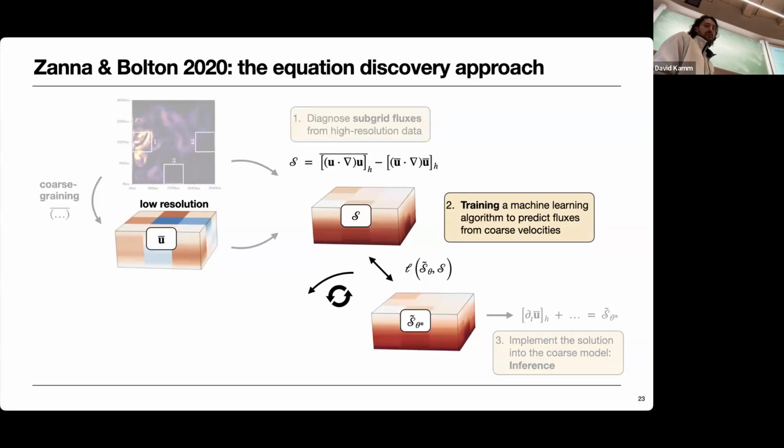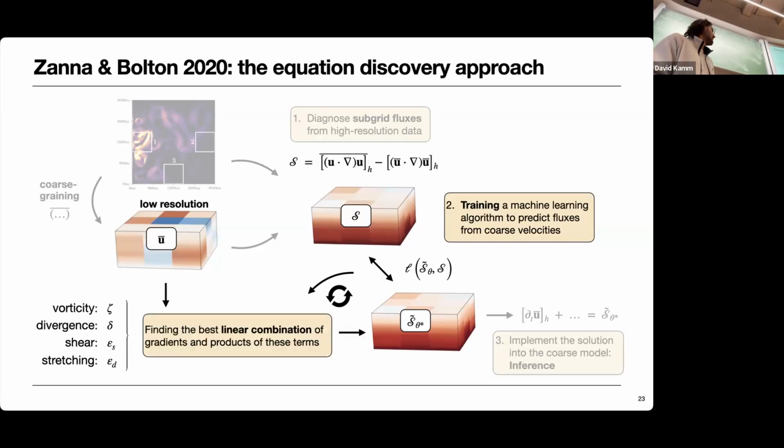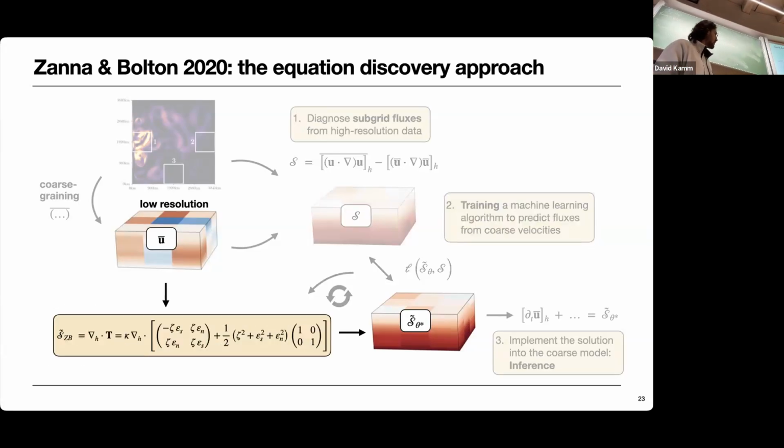So this is a relevance vector machine where they basically define a set of basis functions that you can see here. And they find a sparse linear combination of all the gradients and products of these terms to find a small enough but descriptive equation to approximate these fluxes. And this is the one they came up with.